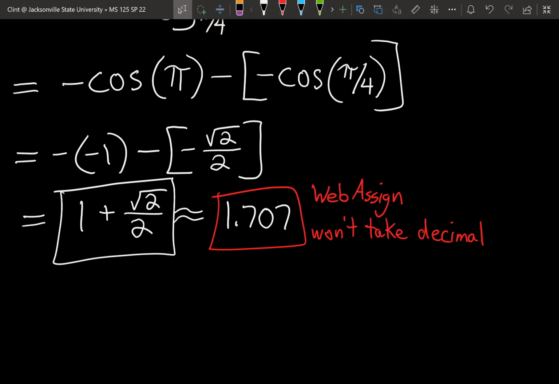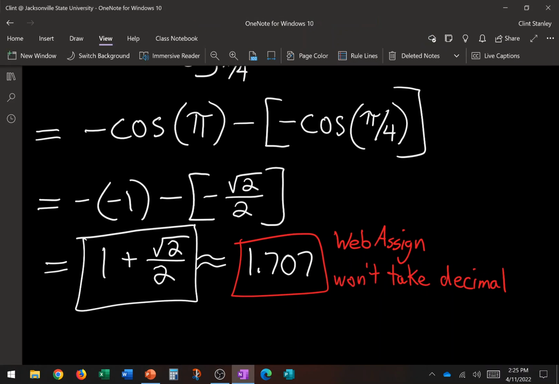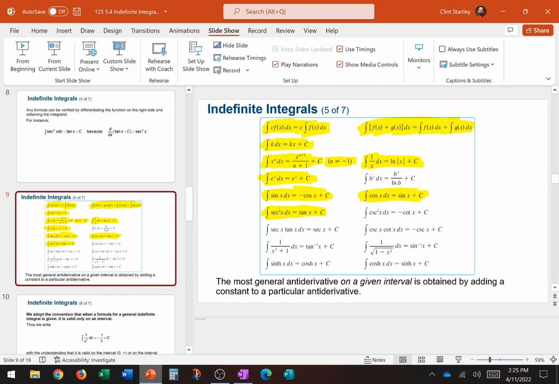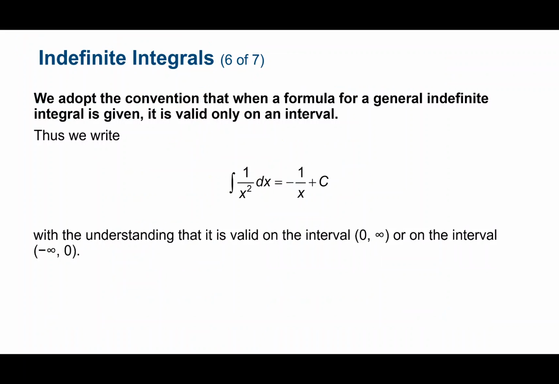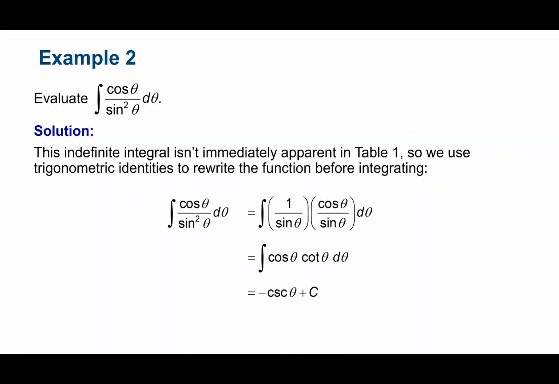All right. So back to the slides real quick. One thing that can also be helpful: if we've got something like this where we've got trig functions involved, it's okay to manipulate what you got inside the interval.